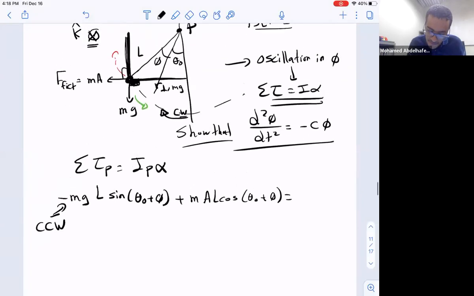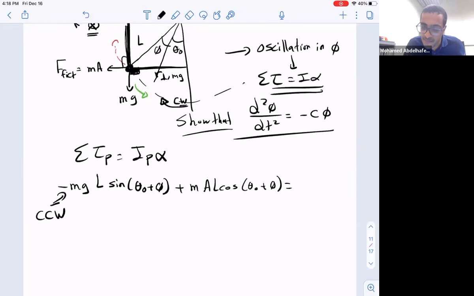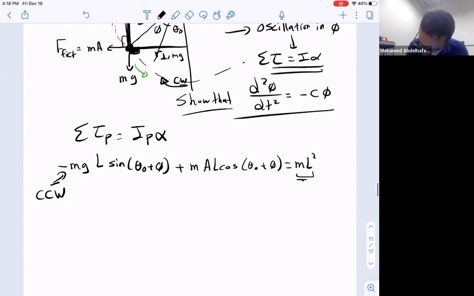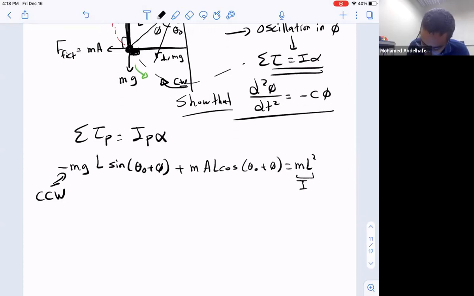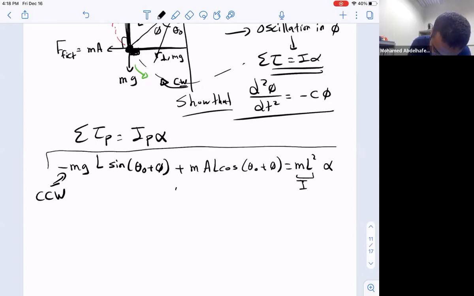That's equal to the moment of inertia, and you need to correct that with the parallel axis theorem. So it's like I CM. Oh, no, sorry, that's just the point mass. This was a point mass, so just ML squared. This is the moment of inertia of a point mass times alpha. So that's your main physics equation. This is clockwise.